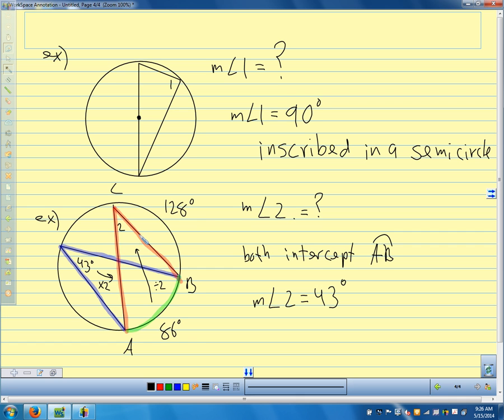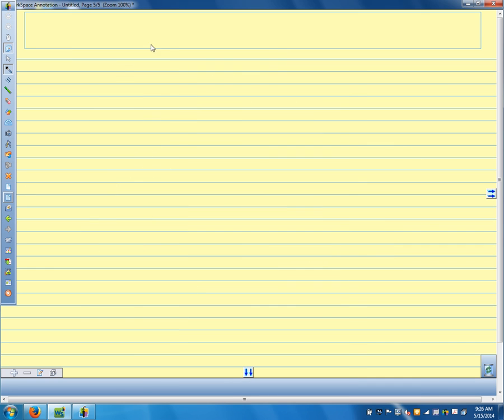Questions there? All right, questions like this, figuring out these kinds of things, that's the kind of thing that's going to be on the quiz. All right, let's look at our last theorem. This one doesn't have a special name.